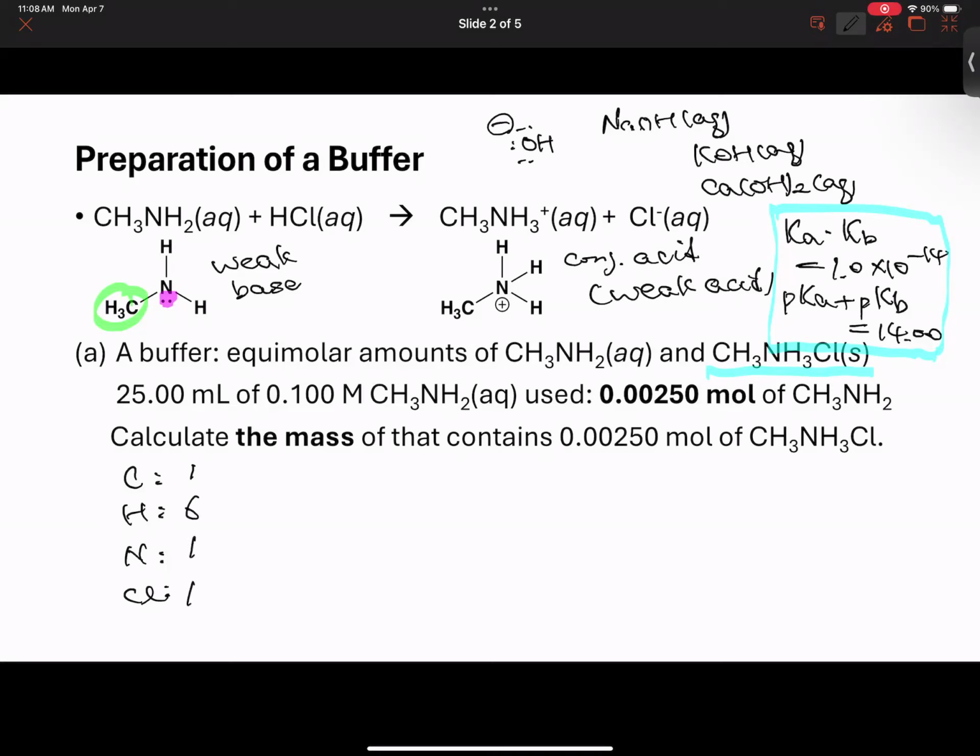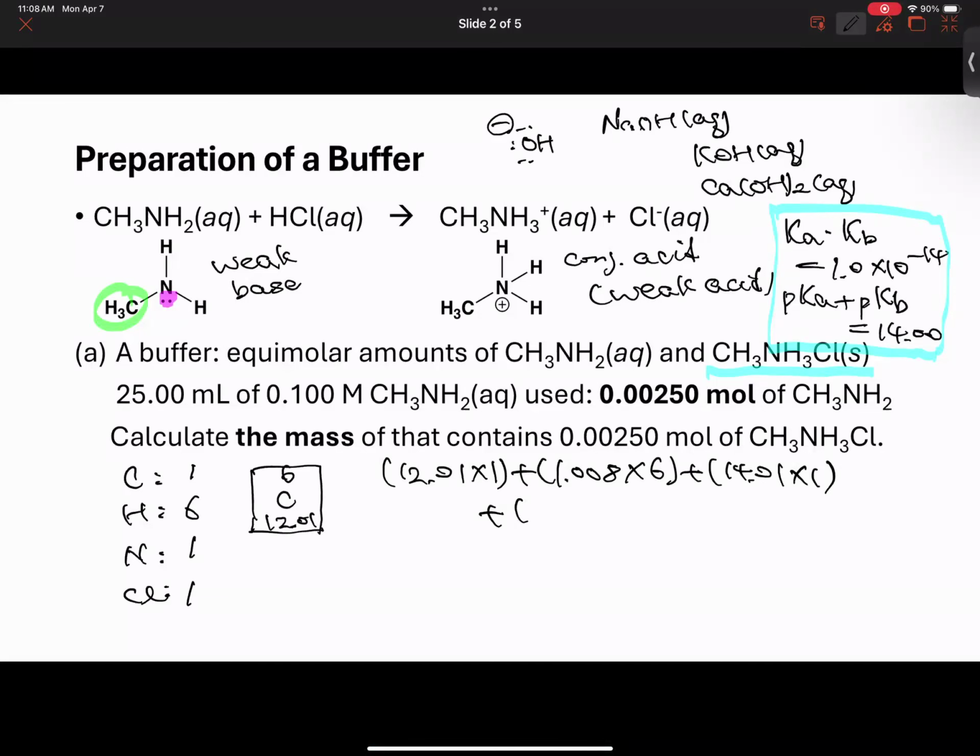Let's go to the periodic table and find the information. For example, carbon has 6 protons, atomic number 6, and 12.01 AMU. And then let's multiply by the number of atoms in the compound. We have 12.01 times 1, plus 1.008 AMU of hydrogen, we have 6 of them, plus 14.01 AMU of nitrogen times 1, plus chlorine.